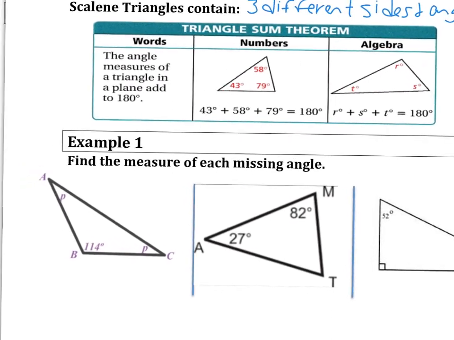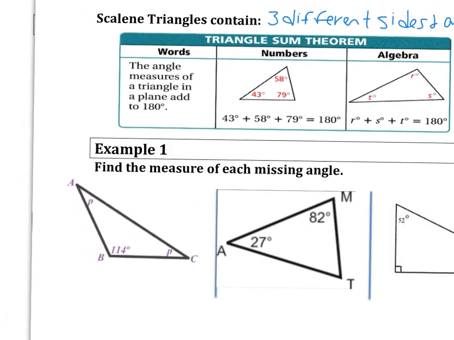So if I start with this first one in example 1, I can see I actually have 2 unknown variables, but they're the same, so that makes this an isosceles triangle. But our equation would just be the 3 angles totaled up that we know, so 114 plus P plus P. So then they total 180 degrees. So now I can combine my like terms, which would be these 2 P's. So it'd be 114 plus 2P is equal to 180.